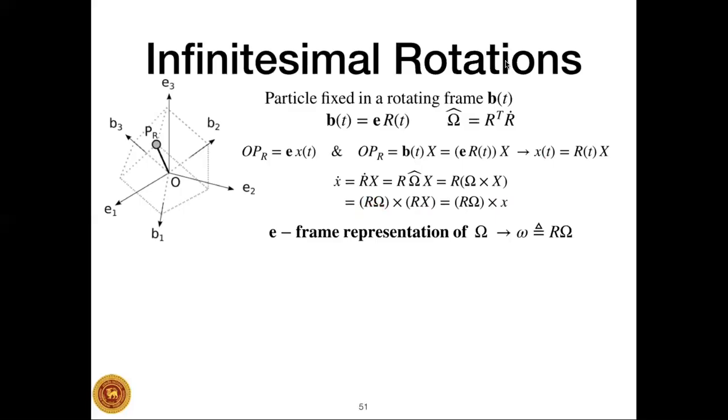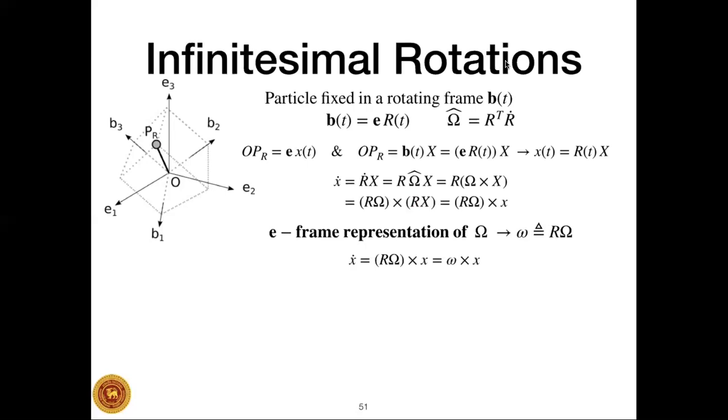R omega I will define to be whatever resultant you get, small omega. And according to that definition, the small omega is the E frame version of the capital omega in the B frame, from a coordinate change point of view. And so if you write it again, you get this.